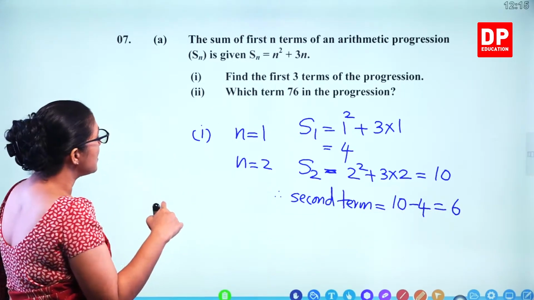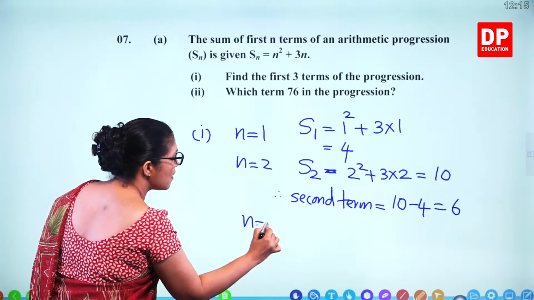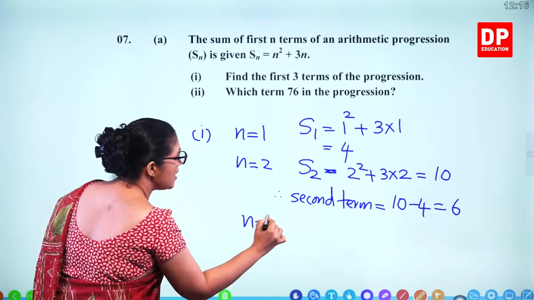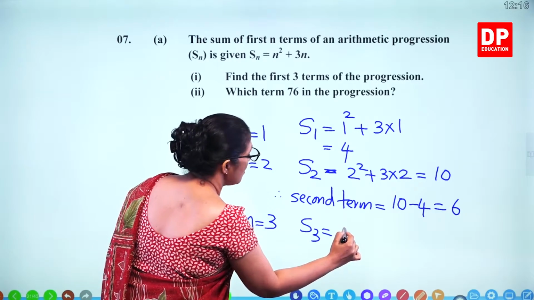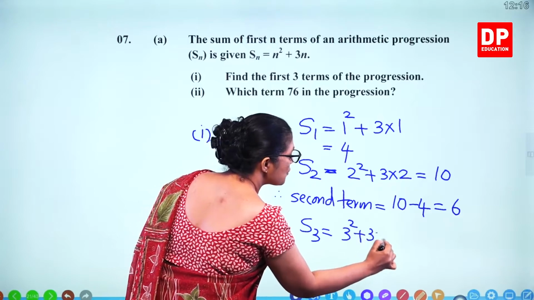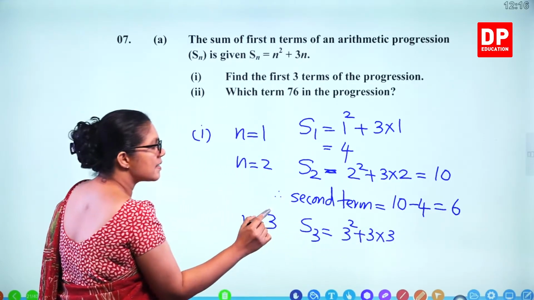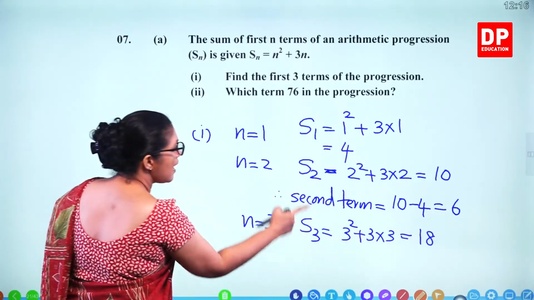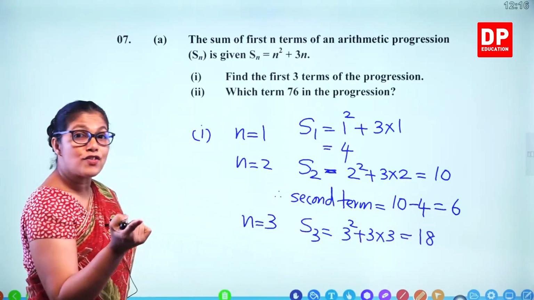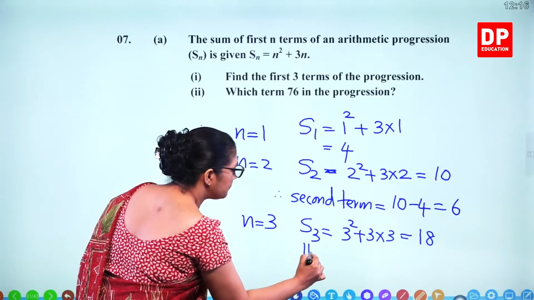What's the third term? We first find n equals 3. So S3 equals 3 squared plus 3 times 3, 9 plus 9, 18. Take the difference between S3 and S2, you get the third term.